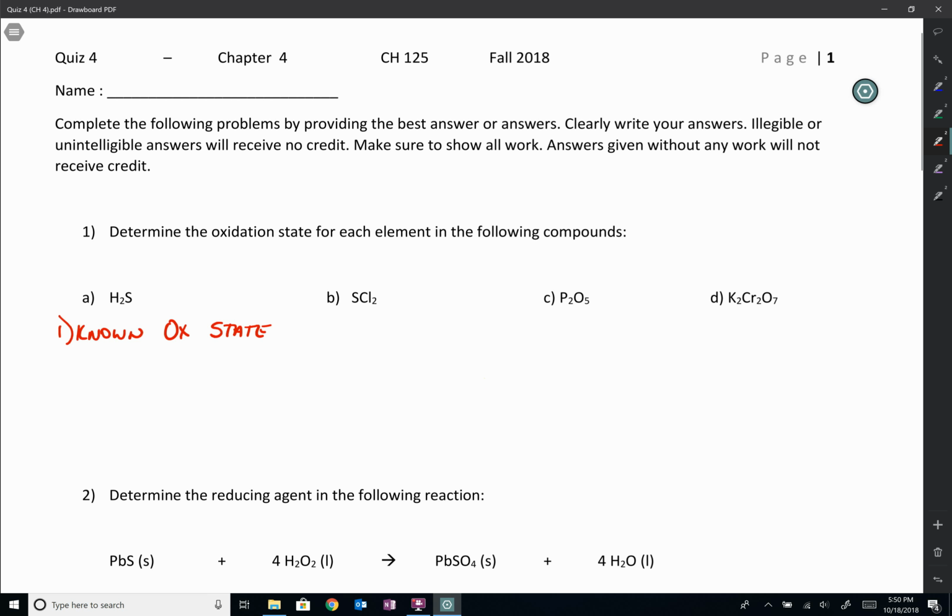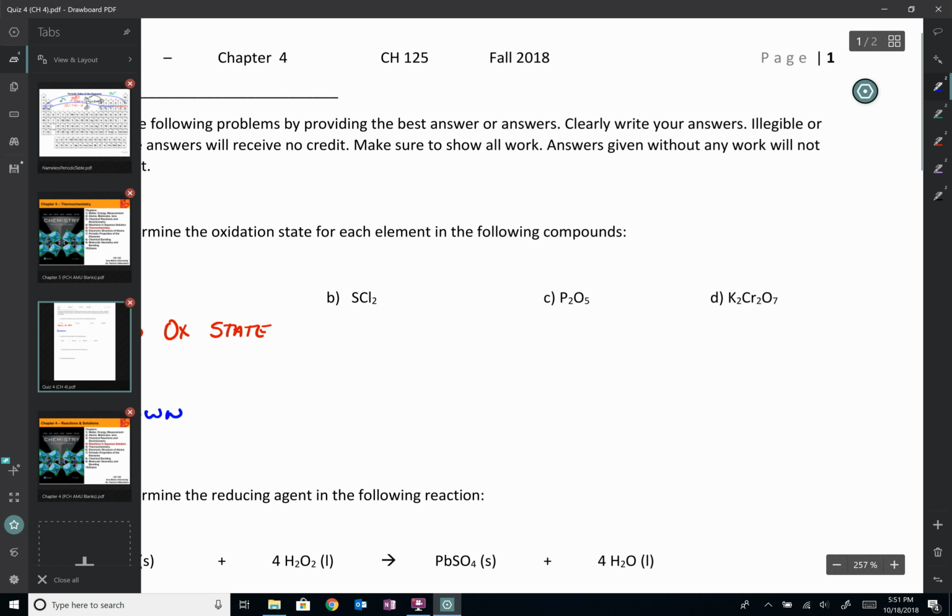That is, one of the atoms or one of the elements that are in there is going to have a defined oxidation state based off our rules. And we use our known oxidation state to determine our unknowns. So we're going to have to identify knowns, and then we're going to use our knowns to identify our unknowns.